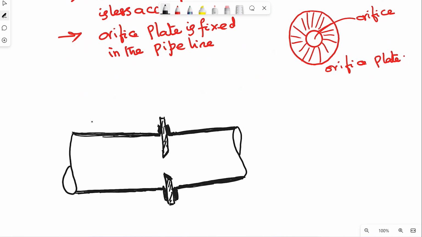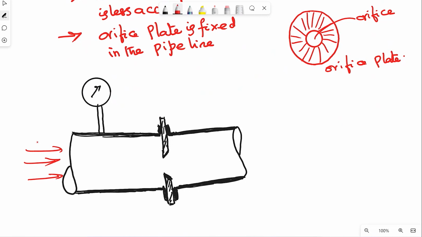Now we will fix one pressure gauge on the upstream. So here one pressure gauge we are keeping, and the second pressure gauge is placed where the water flows in. The water coming here flows like this.